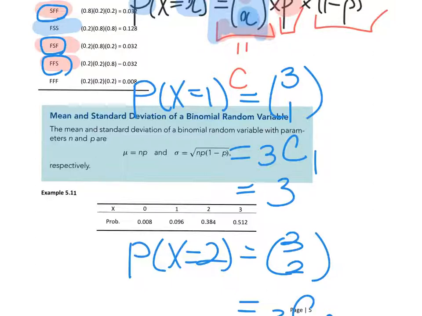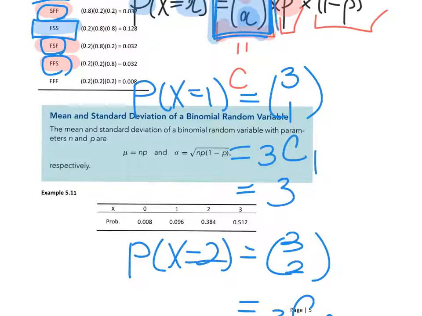Because here are 2 S's, 2 successes. Right? So actually the first one is the number of combinations. For each x, 1 success, 2 successes, even 3, the first term returned the number of combinations.